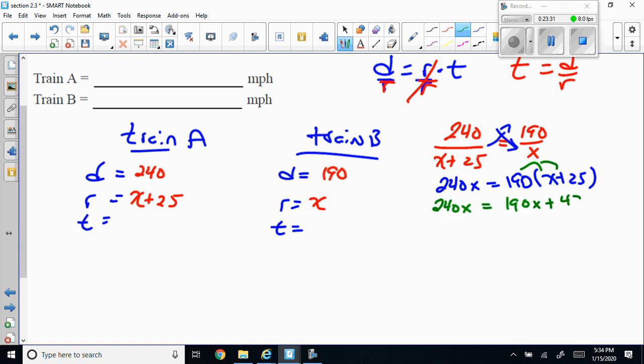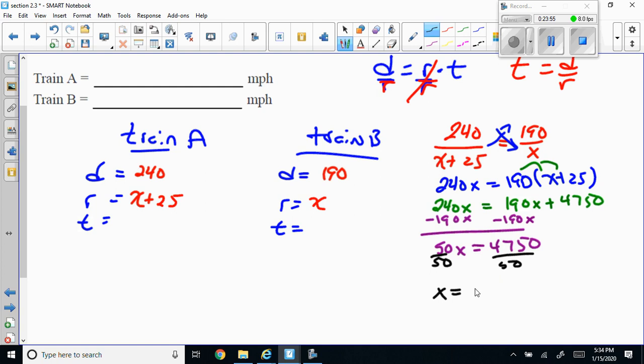Y'all agree with that? Yes. All right, good. Subtract 190x. That's 50x equals 4750. And of course, divide by 50. So x equals 95.